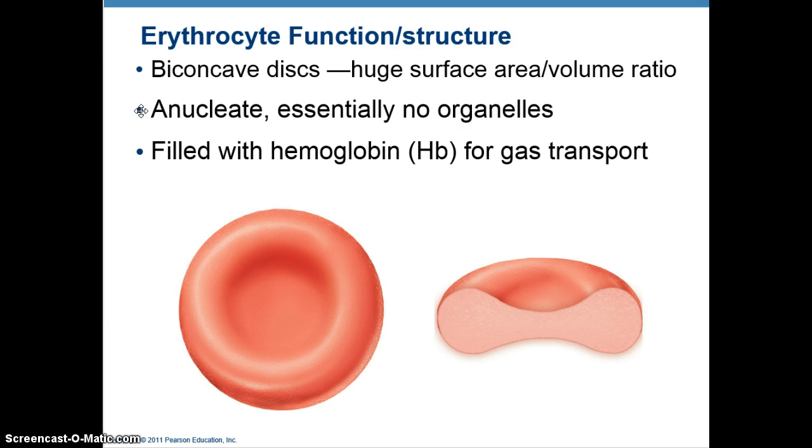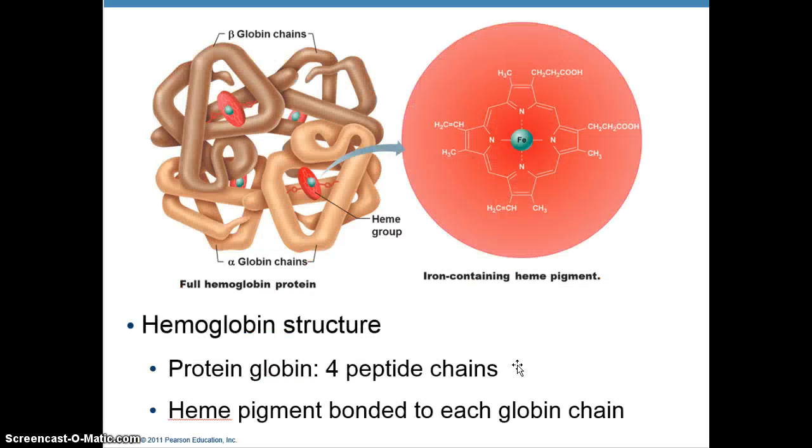In addition to making the maximum room for hemoglobin inside the cells, their shape, which is called biconcave, because it's concave on top and concave on the bottom, gives them a very large surface area to volume ratio, which makes them very efficient at exchanging oxygen either in the lungs or in your muscles and other tissues that need them.